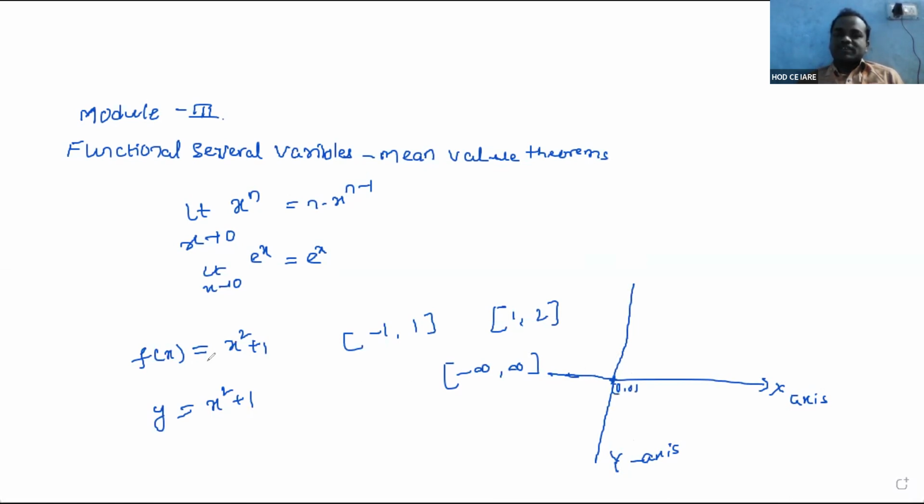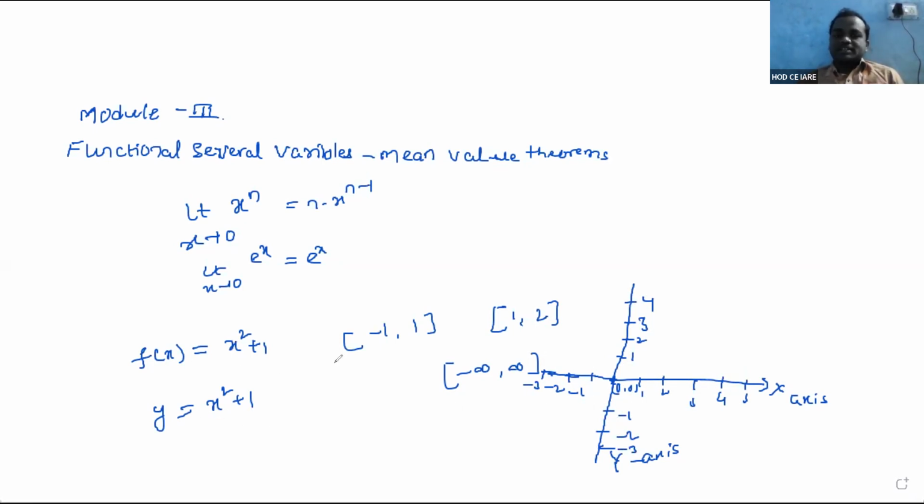If you define f of x equal to x square plus 1, you can substitute points: 1, 2, 3, 4, 5 and minus 1, minus 2, minus 3 on the x-axis, and similarly 1, 2, 3, 4 and minus 1, minus 2, minus 3 on the y-axis. Then we get some values.